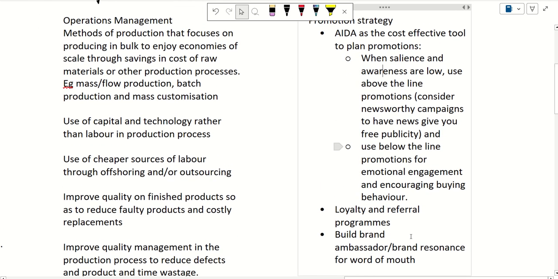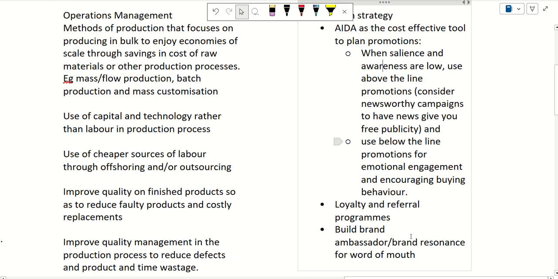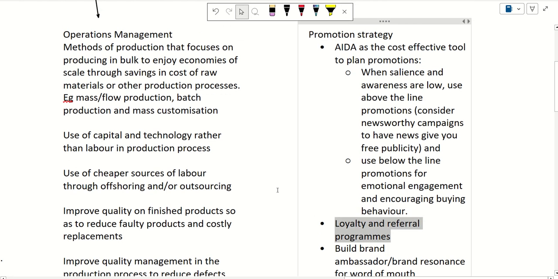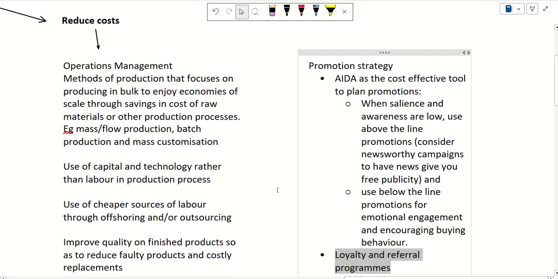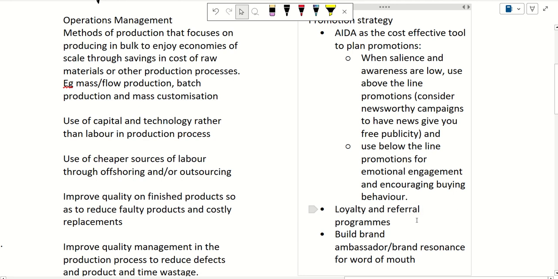So AIDA is created as a tool for businesses to think about how to actually bring the consumers from salience to buying behavior. All right. Of course, promotion strategy that does loyalty and referral programs can actually reduce your cost. Why? Because fewer promotions are needed.